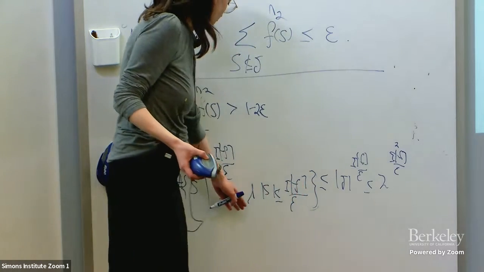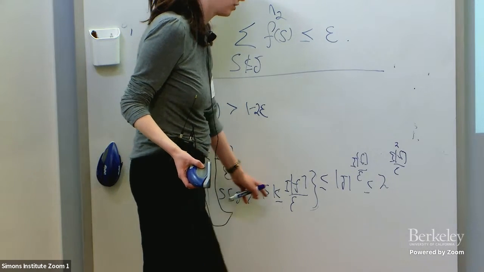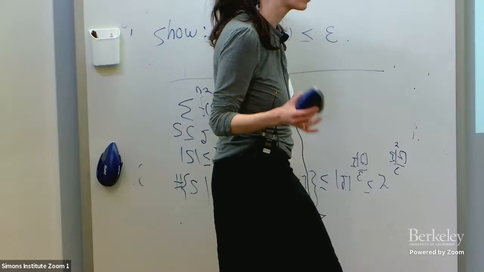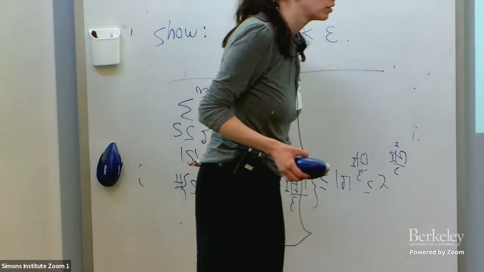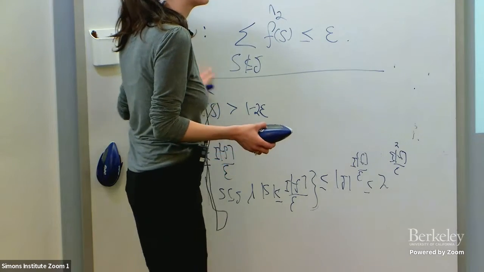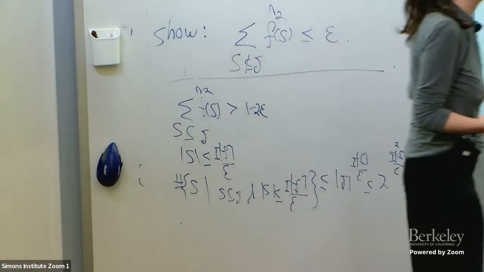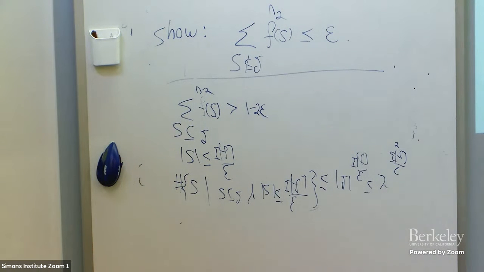I know that all of them have weight at least 1 minus epsilon, and I lose only another epsilon of the weight. So I have almost all the weight there. Is it 1 over epsilon or 1 over epsilon squared in the exponent for the final bound? Sure, maybe squared.